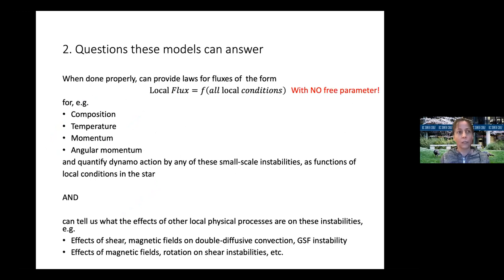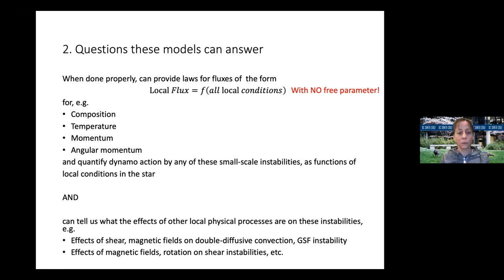The questions we can answer, I think when done properly, these simulations can provide flux laws of the form, here the flux is a function of all the local conditions within the stars. And following on the discussion yesterday, these flux laws have no free parameters. It's a function of known quantities within the stars. And so we can get flux laws for composition, temperature, momentum, angular momentum.